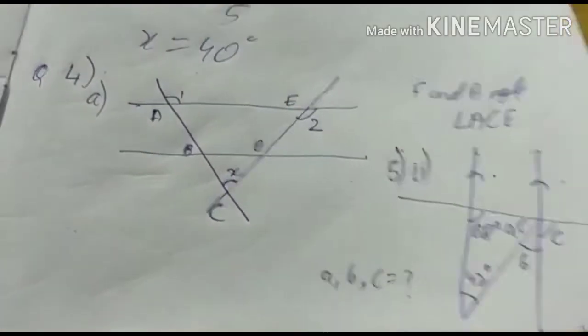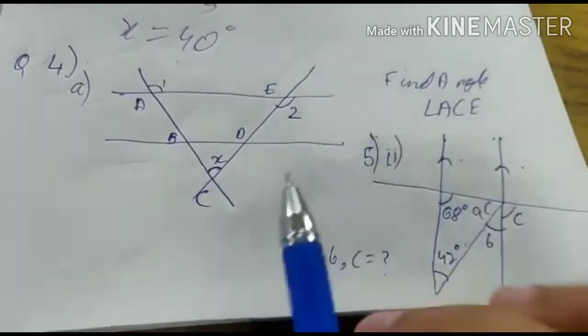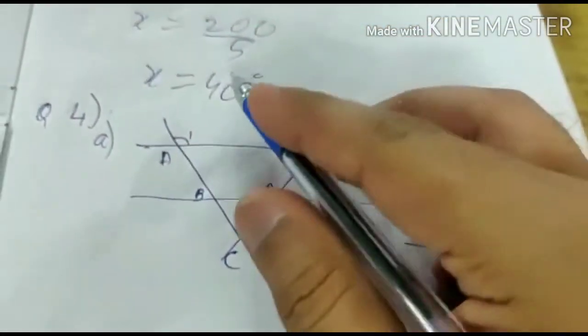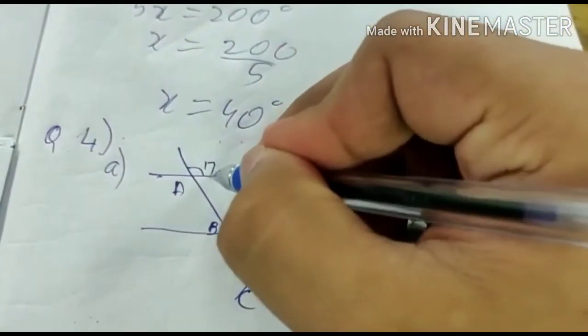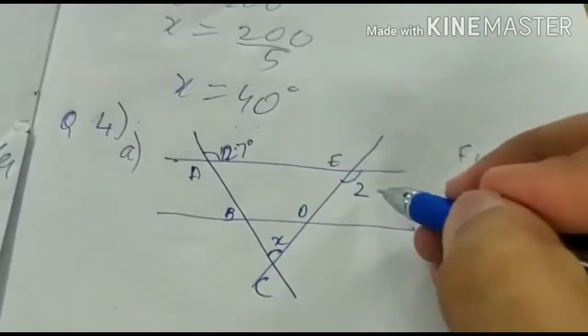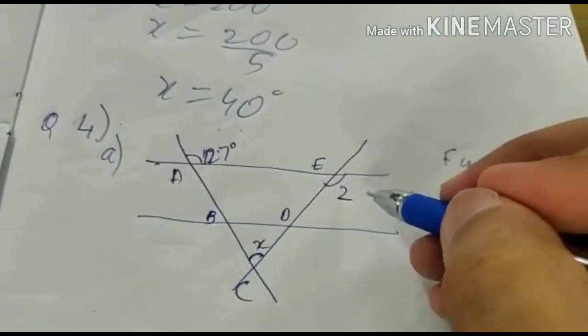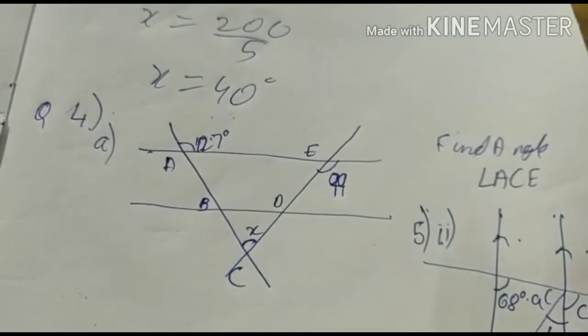In these two questions, we are given angle 1 is 127 degree in this question, and angle 2 here is 99 degree. So we will write it here.